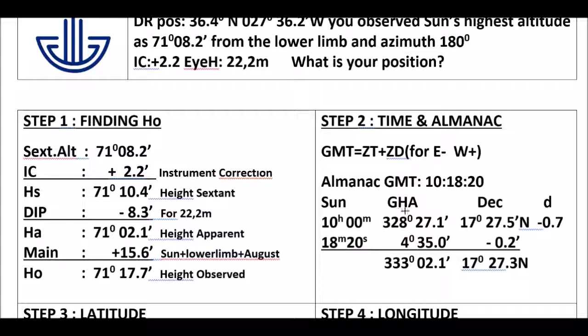Now we have to find the sky object on the celestial sphere. In order to find this, we need Greenwich Mean Time, because we will use the almanac. In the almanac, the positions of the sky objects are given according to GMT from Greenwich, GHA given from Greenwich, angular distance from the equator according to Greenwich Mean Time.